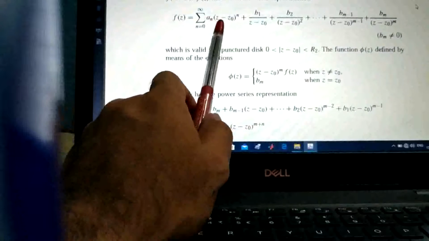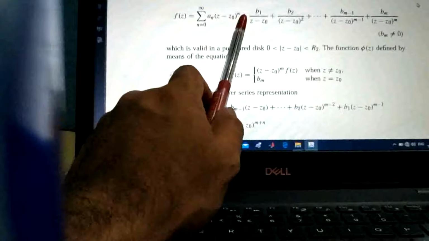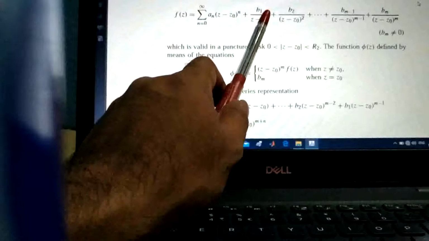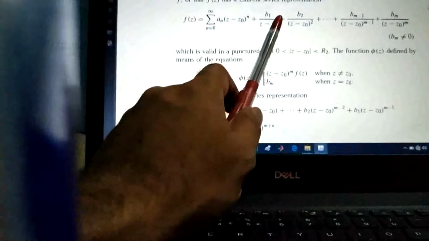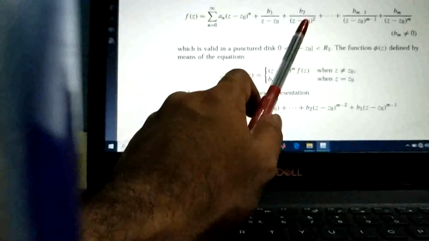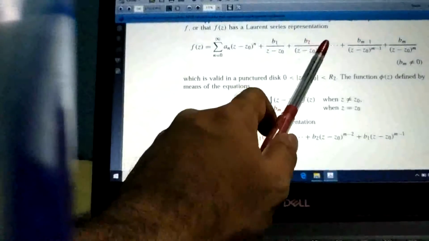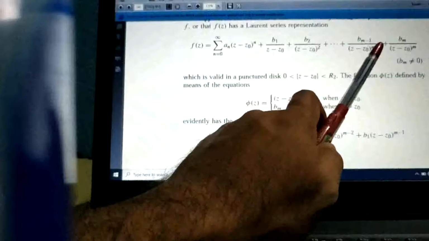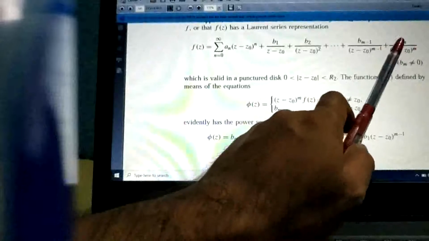So z minus z naught whole to the power n plus m will come here, b1 into z minus z naught whole to the power m minus 1 will come here, b2 into z minus z naught whole to the power m minus 2 will come here, and so on, bm minus 1 into z minus z naught will come here, and here simply bm will come.